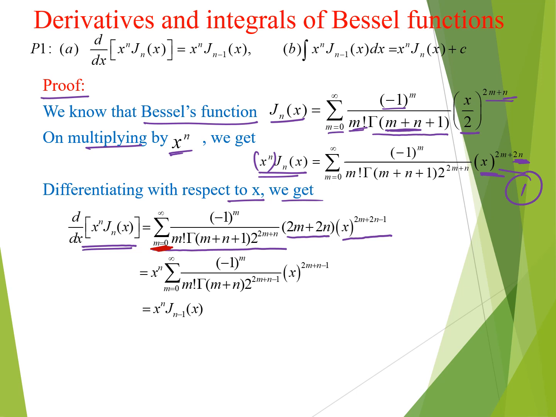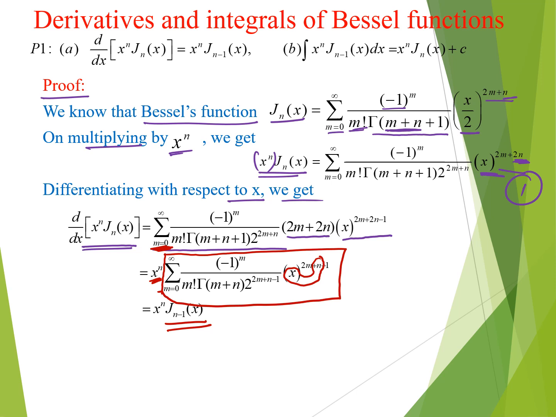In that case, this x to the power n is constant, so we take it outside, that means x to the power n, and the remaining term is the same over here. Only x to the power n is taken as a constant, so the remaining term in the summation is equal to J to the power n minus 1.